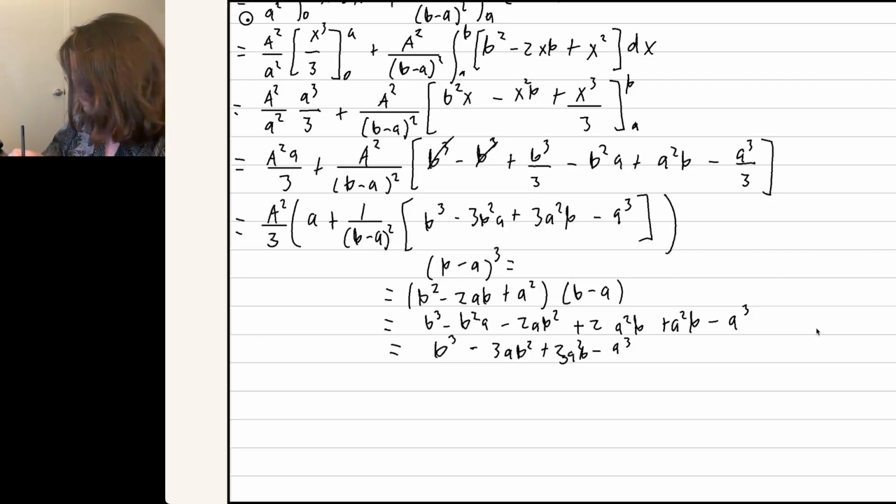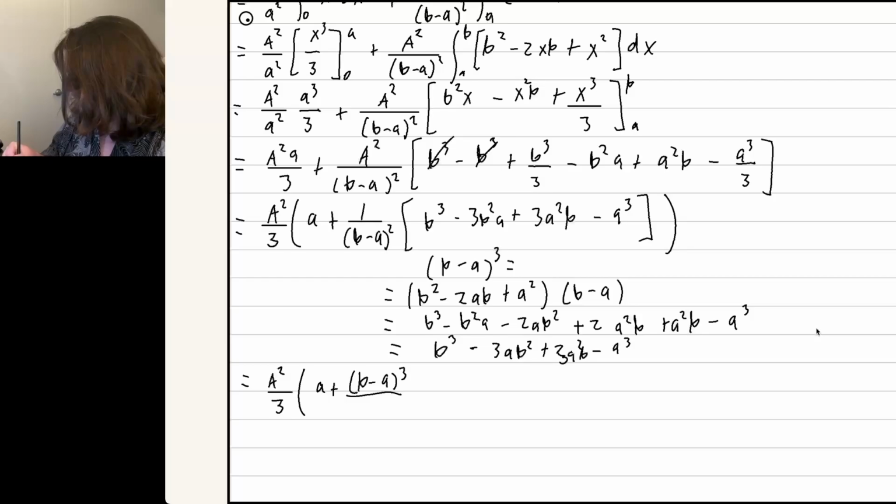Applying that to the result of our integral, capital A squared over 3 times a plus (b minus a) cubed over (b minus a) squared. One of the factors of (b minus a) squared will cancel out, so it's going to be A squared over 3 times a plus b minus a.